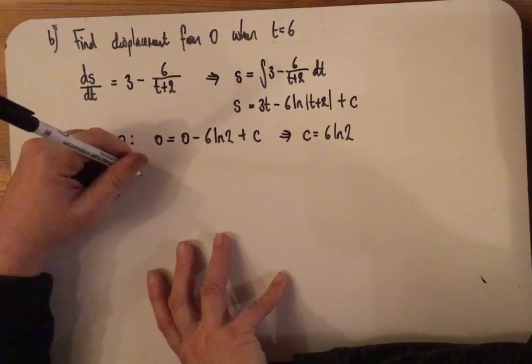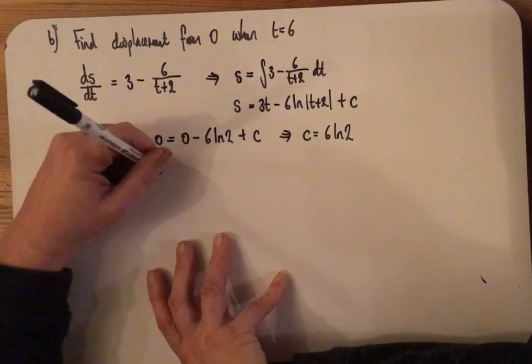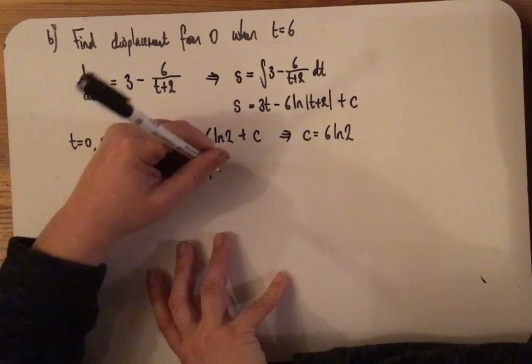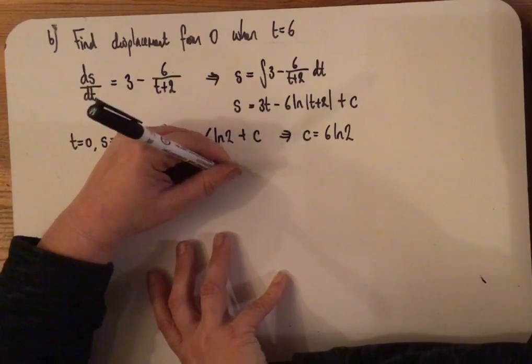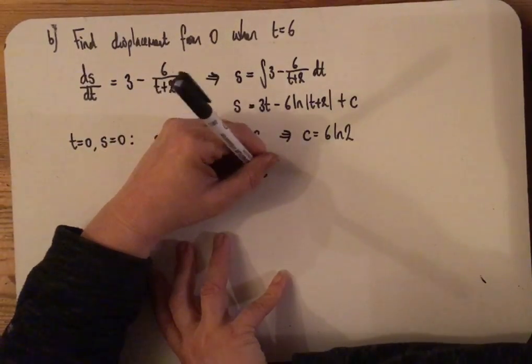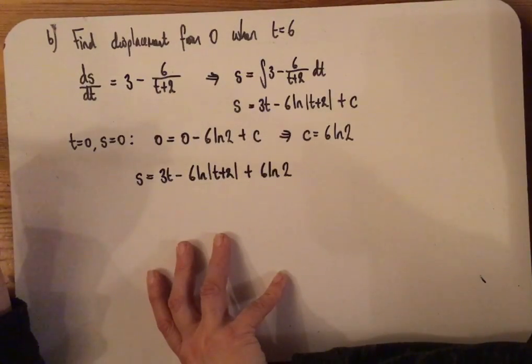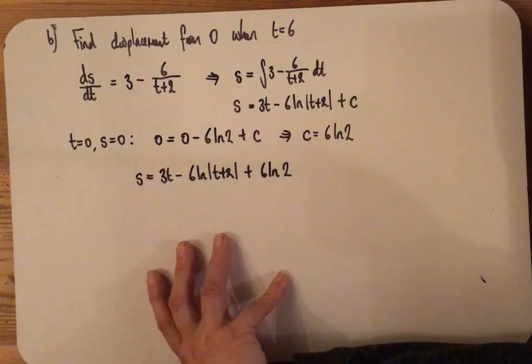So where are we at? We've got s equals 3t minus 6 ln(t plus 2) plus 6 ln 2, and we want the displacement when t is equal to 6.